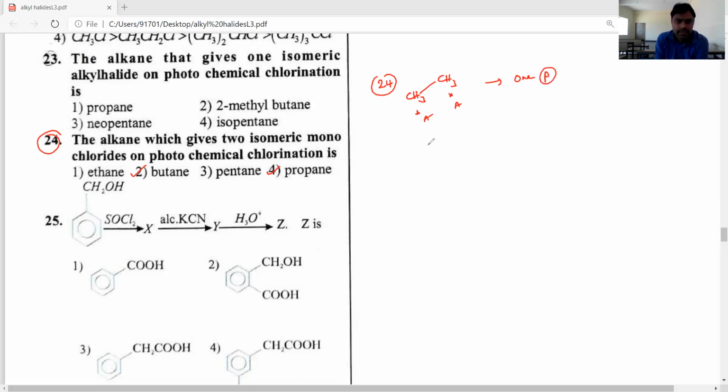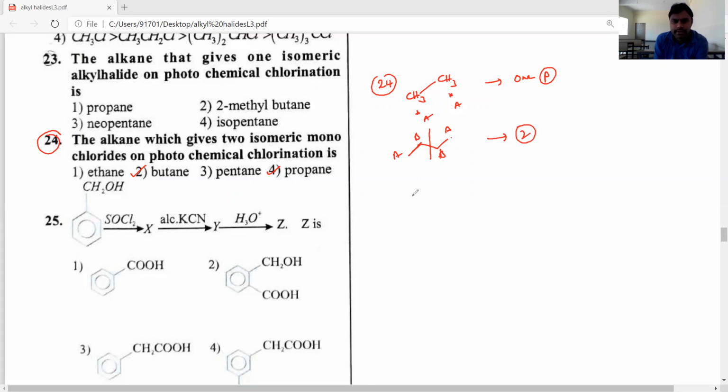Next, butane or n-butane, 1, 2, 3, 4. This is A and B, and this is also B in the middle, and this end is A, because it is symmetrical. These 2 carbons are one type and these are also one type. So it produces 2 products.